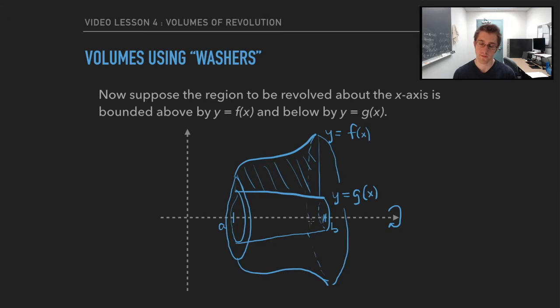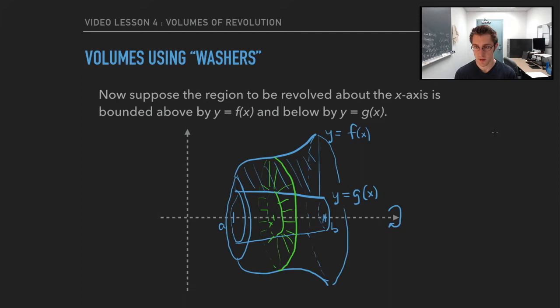Okay, so I revolve this region around the x-axis, and again, my typical slice, which I'll draw in green at the point x, looks like this. I have an outer circle, and I have an inner circle, and the slice is the area between them revolved around the x-axis.